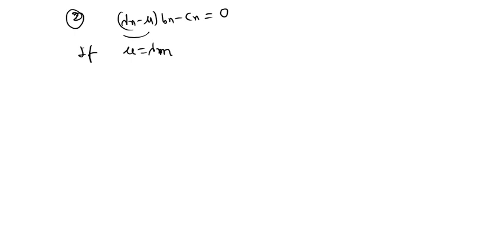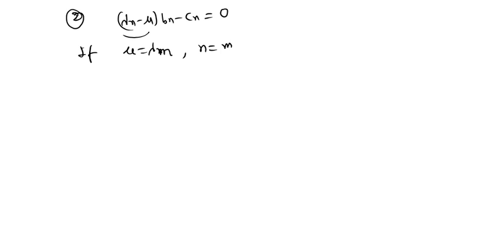Now the second case. We had the equation (lambda n minus mu) bn minus cn equal to 0. So it may happen that mu is equal to lambda n. What is lambda n? This is an eigenvalue. So if mu equal to lambda, more precisely say lambda m, that is mu equal to lambda n for n equal to m, so mu is equal to some eigenvalue.